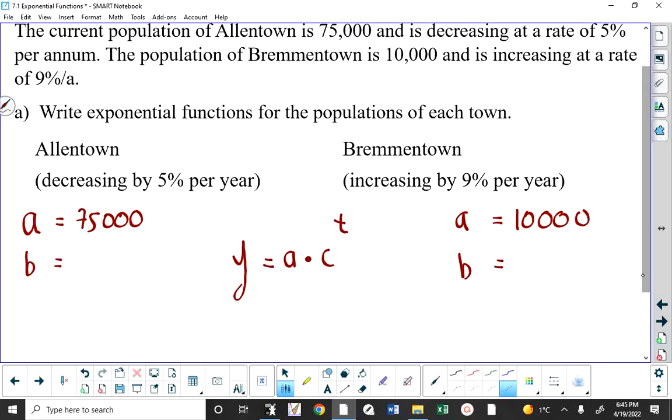And I just realized I used B. I'm going to use C. What is the base? In other words, what is Brementown's population being multiplied by every year? Well, if Brementown is increasing by 9%, that means the base is 1.09.